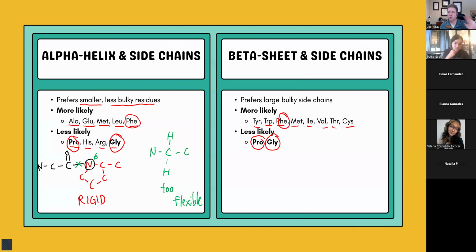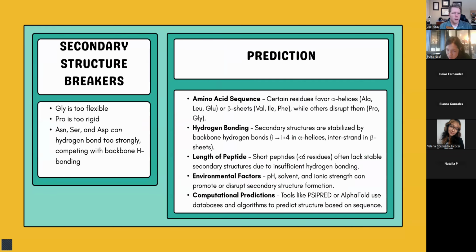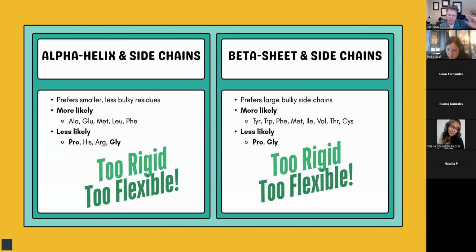I would lean on proline and glycine being my two outliers. They consistently say, no, thank you, to a secondary structure. Then I would follow the general idea that smaller and less bulky residues prefer alpha helices, where beta sheets prefer larger, bulkier side chains. Okay, so that's the takeaway there: too rigid, too flexible.